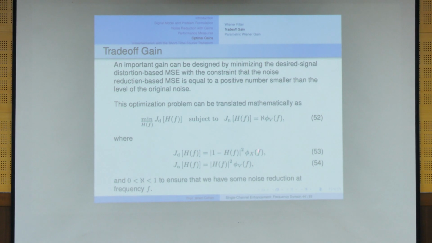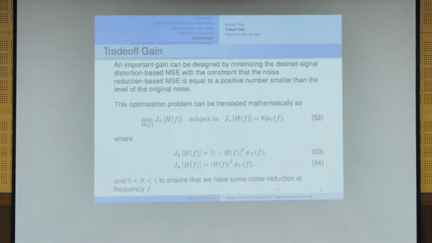One is related to the signal distortion, and one is dependent on the residual noise. And we try to minimize the distortion MSE, subject to the noise-related MSE being Aleph, where Aleph is a parameter, multiplied with the variance of V.